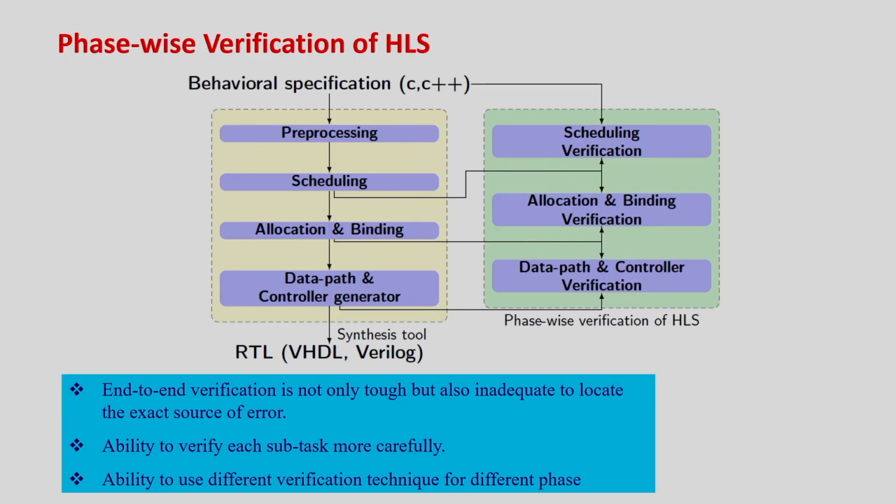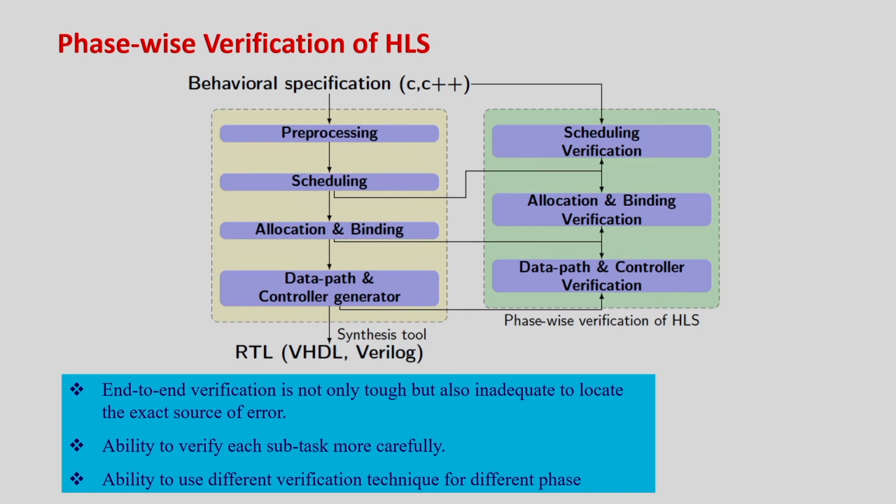That we have already discussed, and in the last class we saw the basic equivalence checking method, which models the input and output of one phase as FSMD, finite state machine with data path, and then we defined an equivalence of FSMDs, and saw how we can adapt that equivalence method to verify the phases, right.